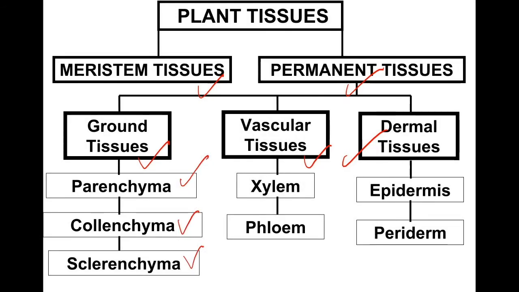You will see them inside our lab class. Vascular tissue is a combination of xylem and phloem. I think you're familiar with these both. Dermal tissue produces the skin of the plant, which is epidermis.